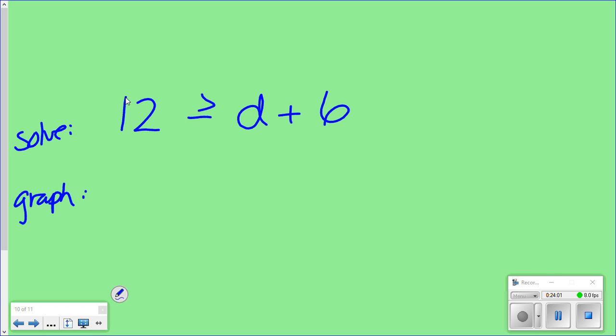These are tricky. You have to read your answer to yourself. Some of you are going to have your arrow the wrong way. Some of you are going to have your arrow the incorrect way.